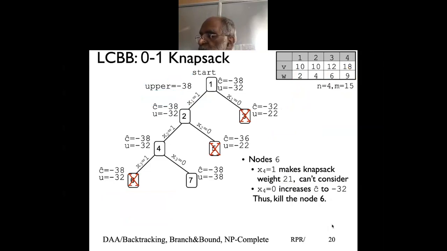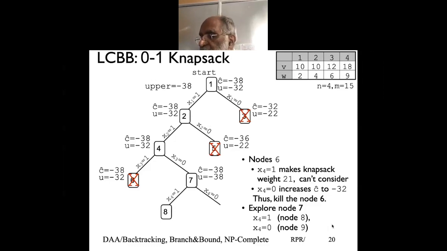And then I explore node 7. If I explore node 7, look at what happens. We always said when we explore the left side, we always get the same value. So if we explore, you would basically get C hat is minus 38 and U hat is minus 38. This is what we get here.